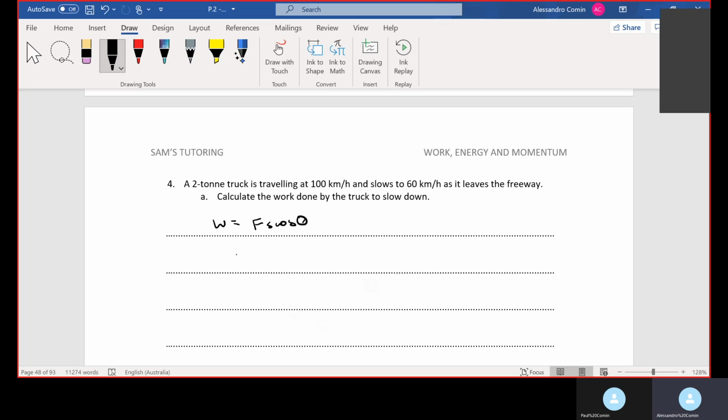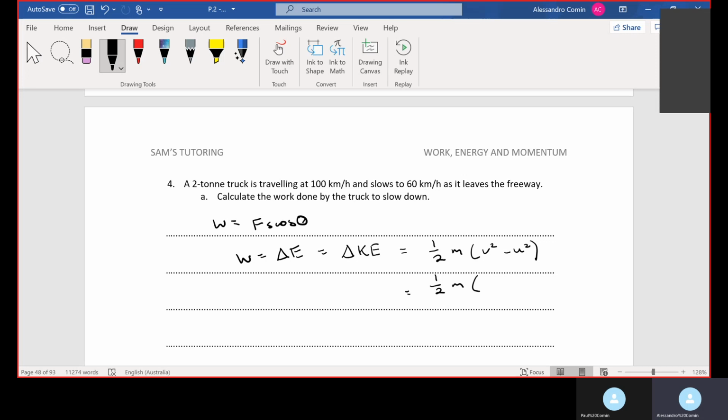But remember, work is equal to a change in energy. And the change in energy that we're looking at is the change in kinetic energy, which is equal to half m (v squared minus u squared), which is going to equal half m.